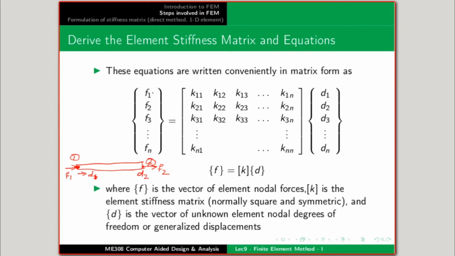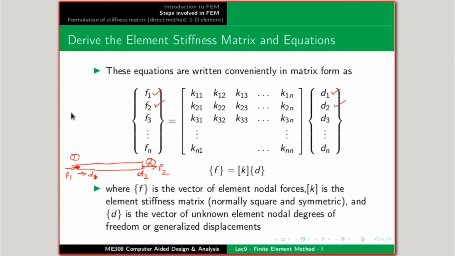So, we will have a 2 by 1 vector in the place of F. And the element stiffness matrix will be a 2 by 2 matrix. All terms from K13 will be 0, and only these four terms will be there for the element stiffness matrix: K11, K12, K21 and K22.